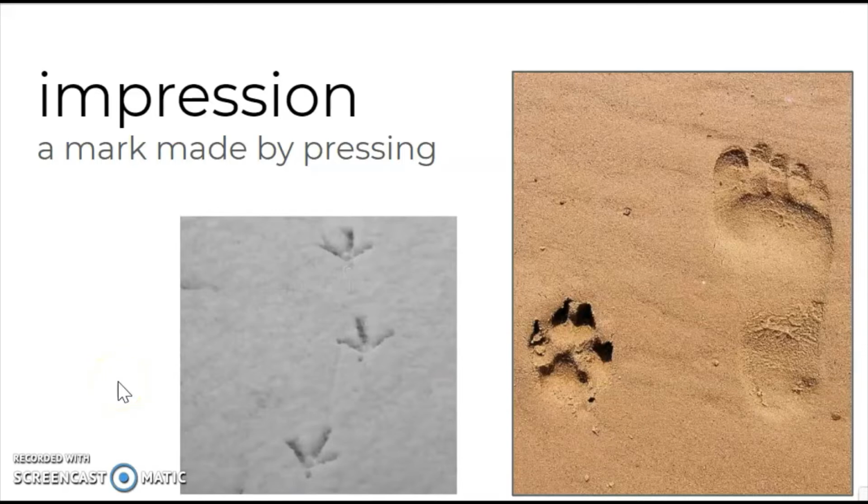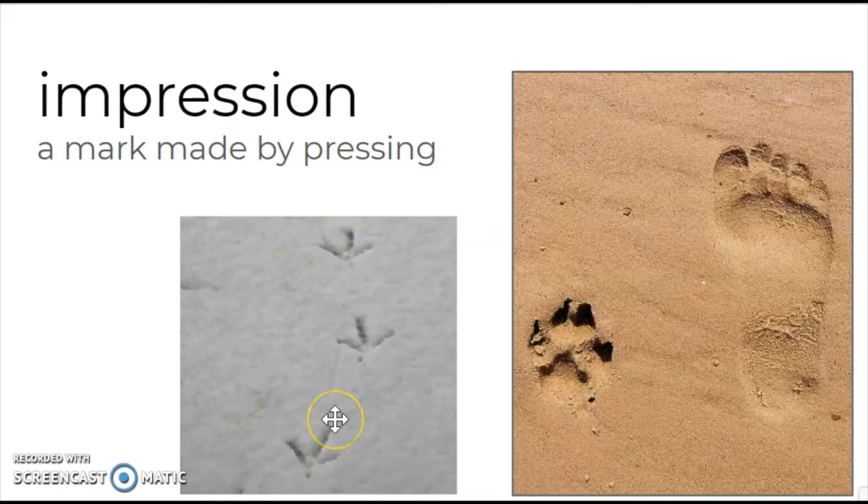Now I'm going to show you and model to you what an inference is. Based on those 3 things that I noticed, my inference is that this might be a chicken or a bird maybe. I'm not sure if it's a chicken, maybe some kind of bird that's traveling in snow.